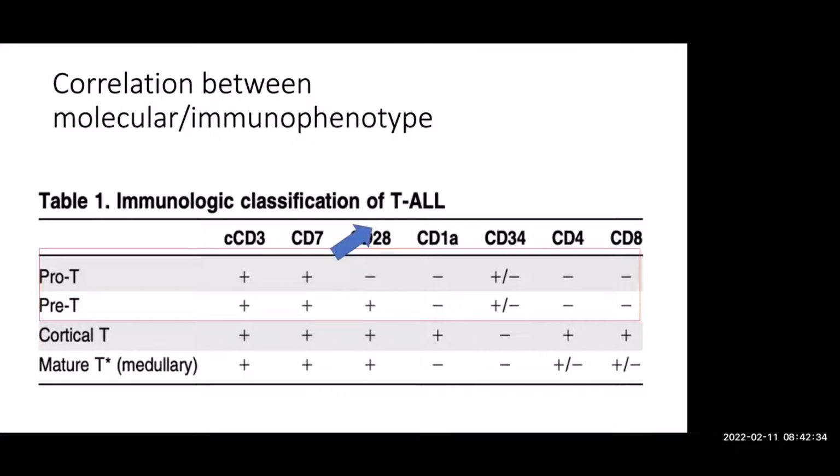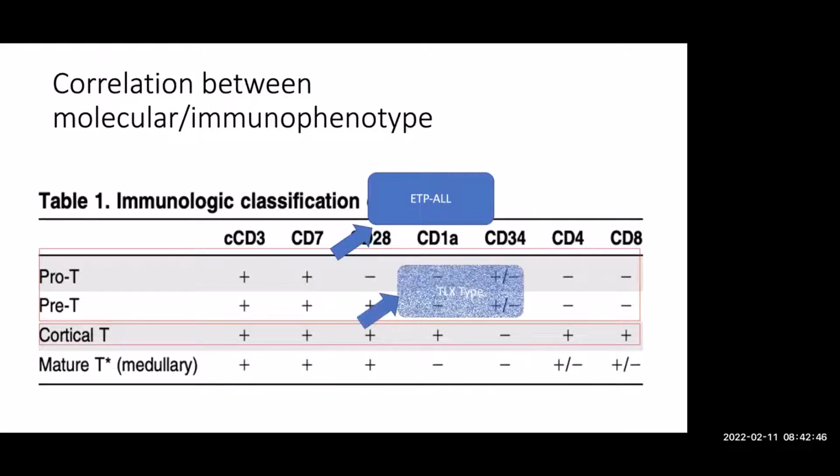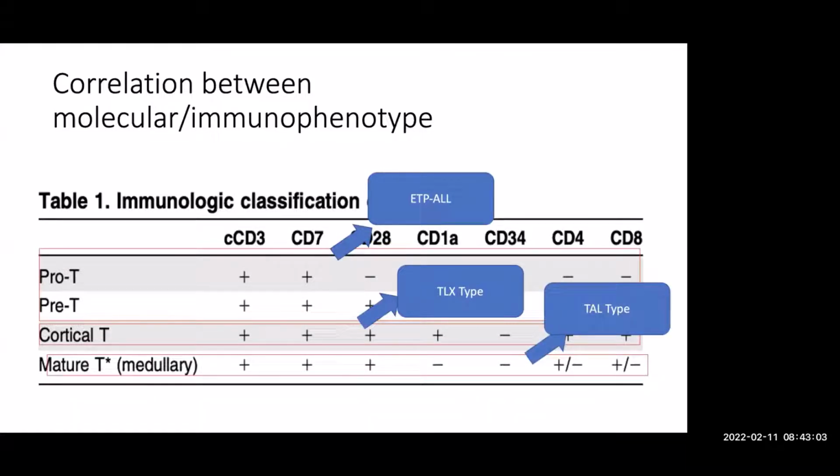Based on this, the immunophenotypic pro and pre type correlates with the ETP-ALL type, and the cortical type which expresses CD1A correlates with the TLX or HOX11 subtype of T cell acute lymphoblastic leukemia, and the mature medullary T cells, where acute lymphoblastic leukemia arises from the mature T cells, correspond to the TAL type of acute lymphoblastic leukemias.